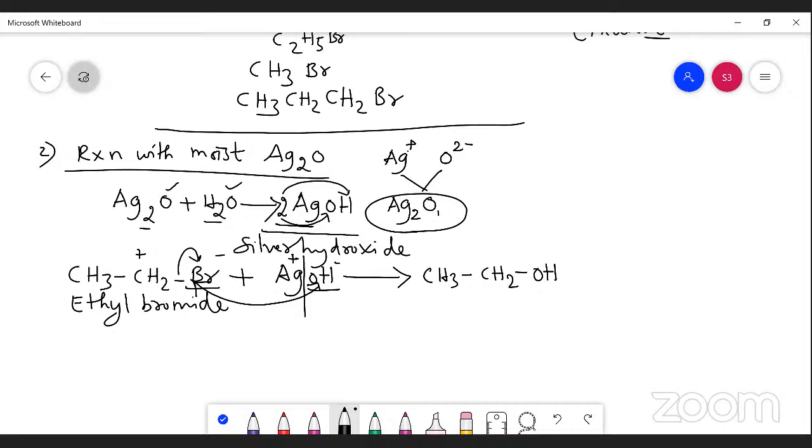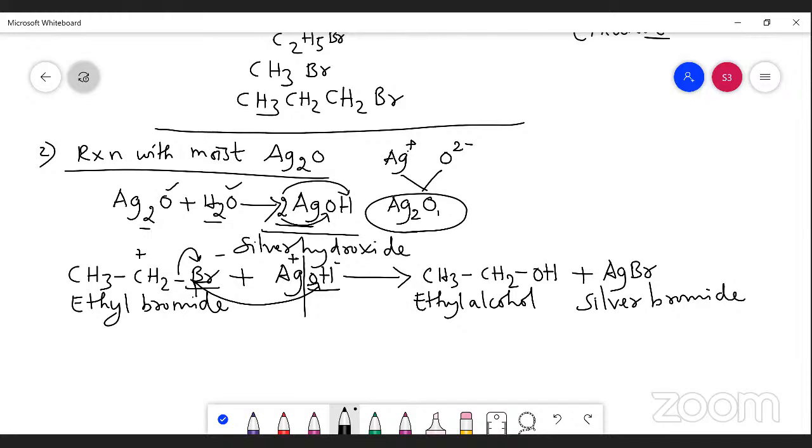In the same way, the other product is Ag with the added nucleophile Br, AgBr. So the product CH3CH2OH is again ethyl alcohol, and AgBr is silver bromide.